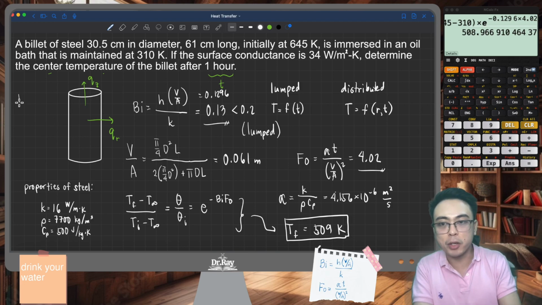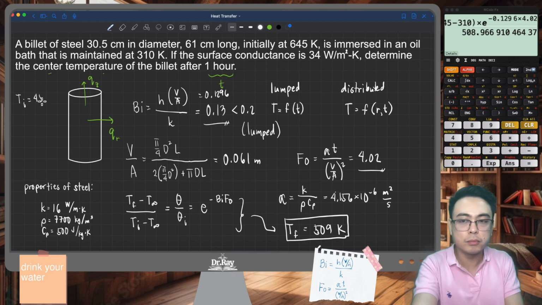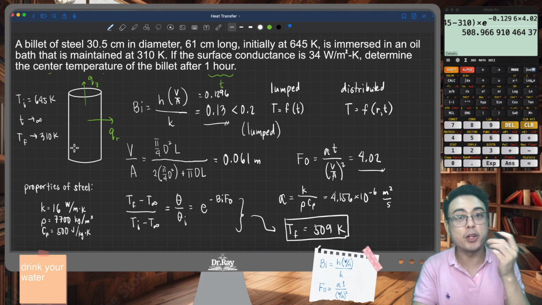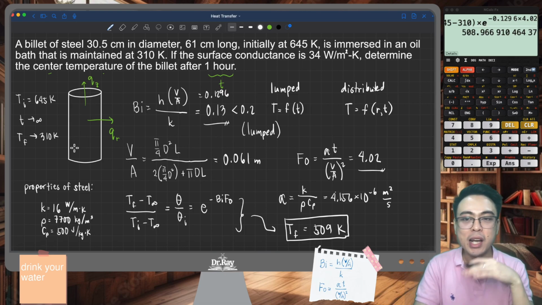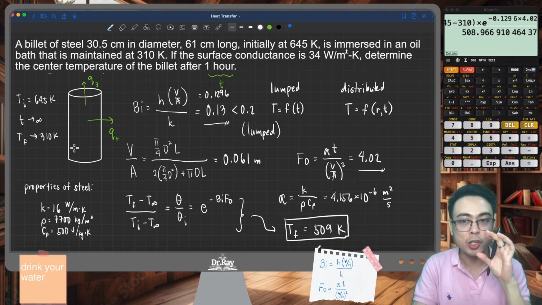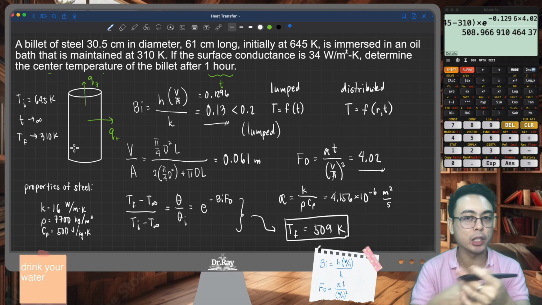If my initial temperature is 645 Kelvin, as time approaches infinity, we can expect that the final temperature should approach the temperature of the surrounding fluid, which is 310 Kelvin. It's a principle of thermal equilibrium, right? Given enough time, your billet of steel will come into thermal equilibrium with the surrounding fluid.